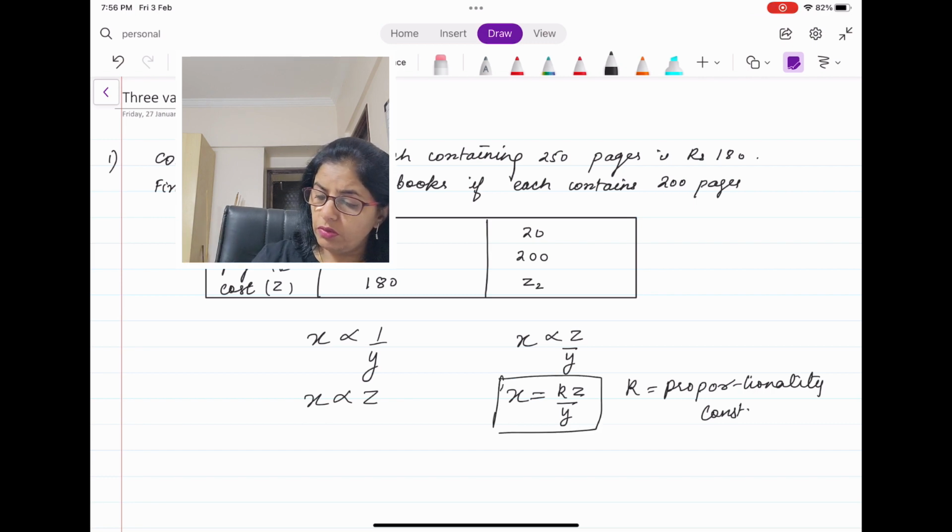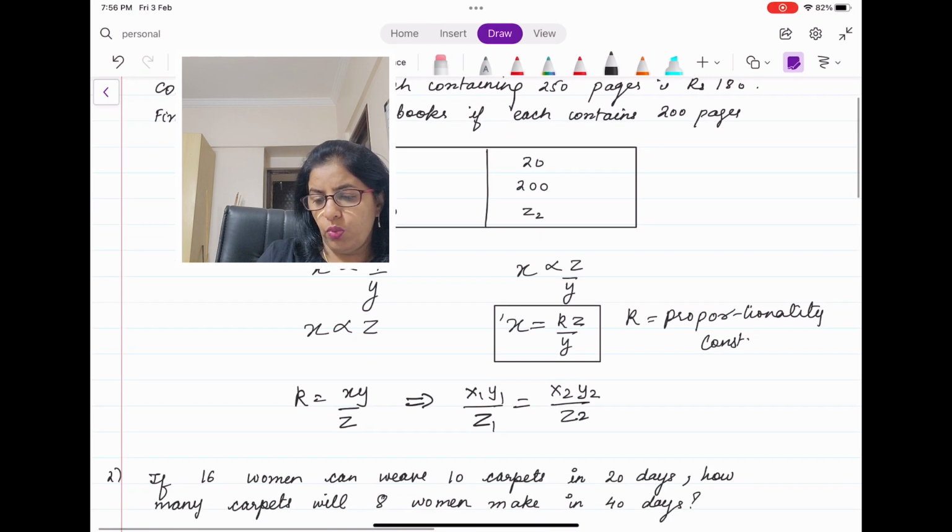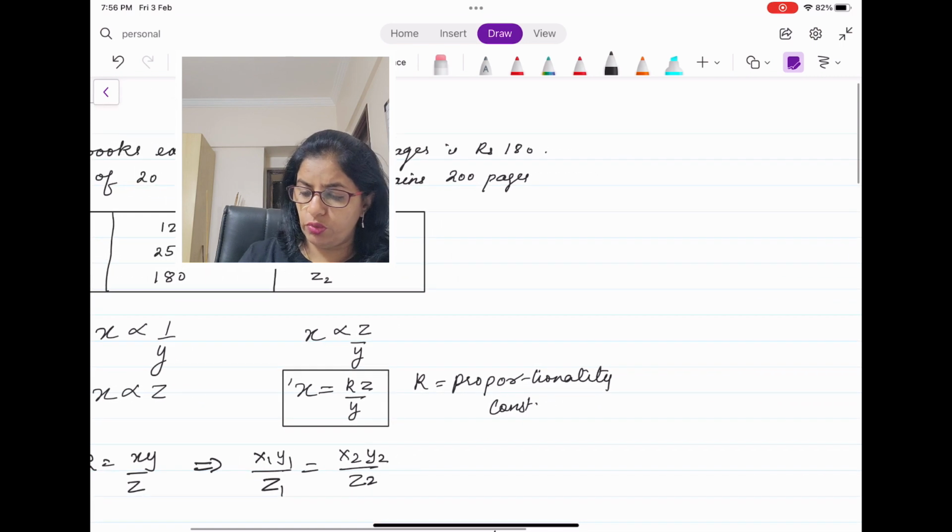So let's see from this equation what K is. K will be XY upon Z. It implies x1 y1 upon z1 is equal to x2 y2 upon z2. Now what we have to find out is z2.